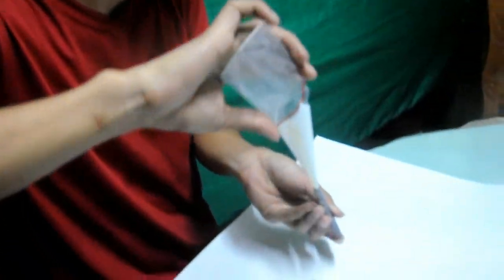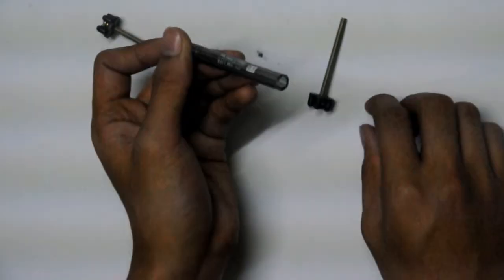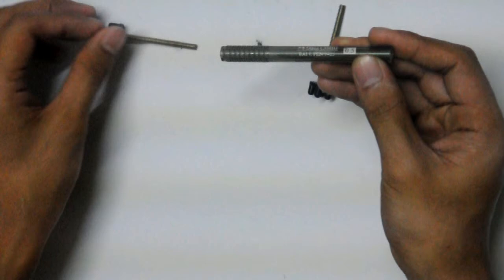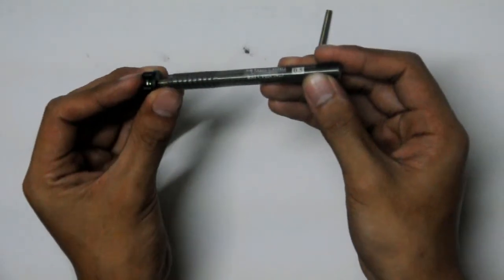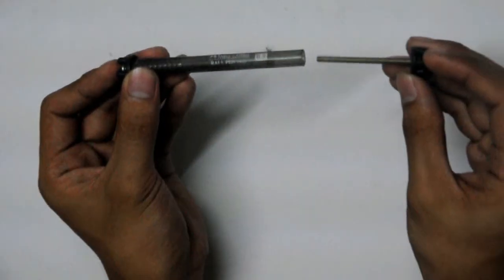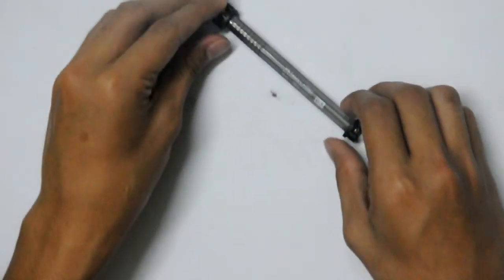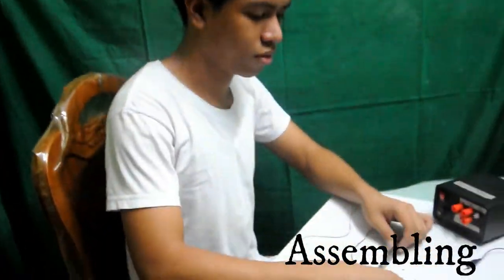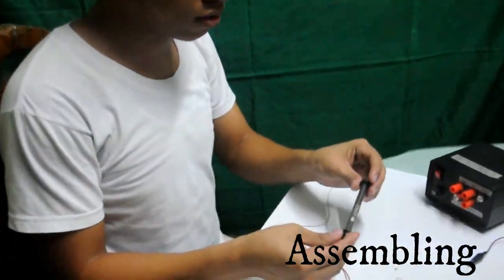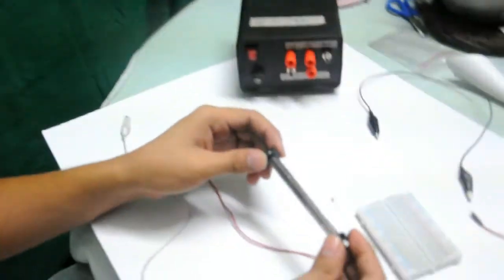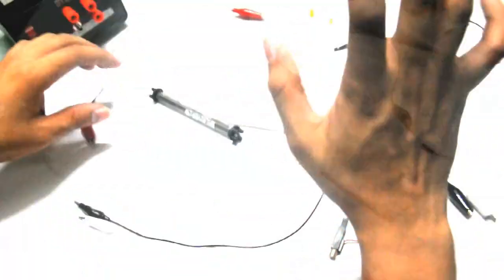Now I'm going to put the nickel filings in the coherer. I will assemble the components used in this project.